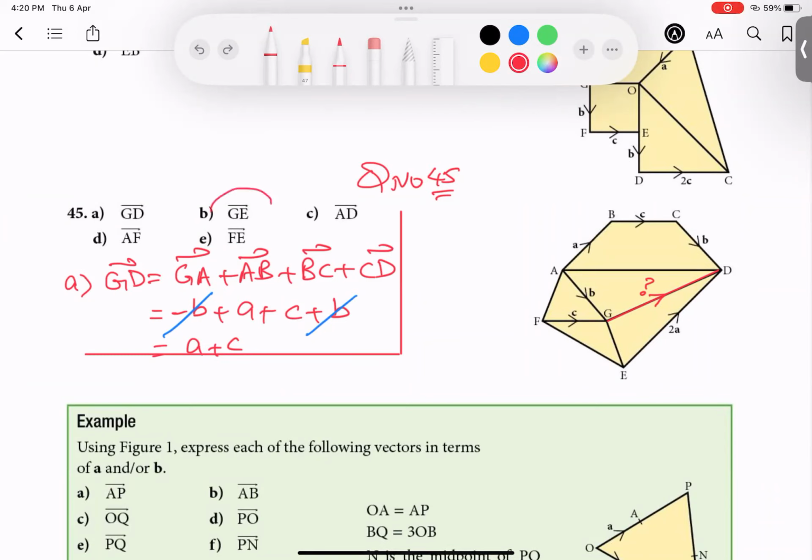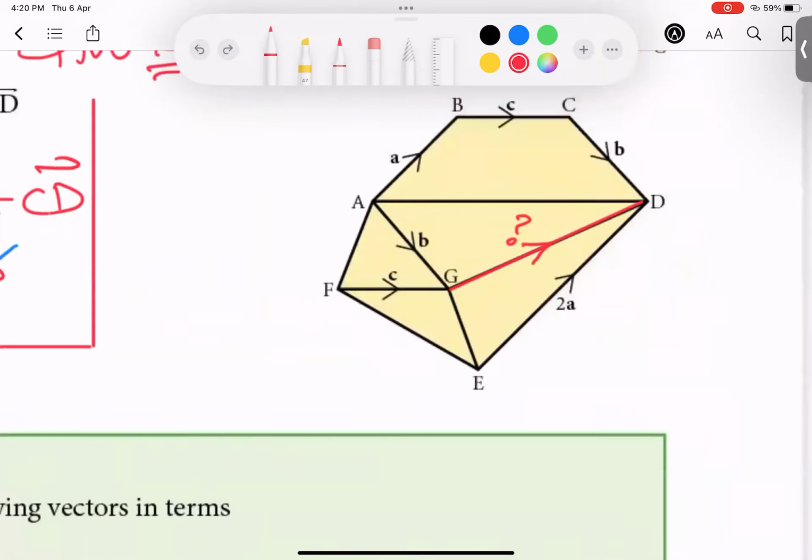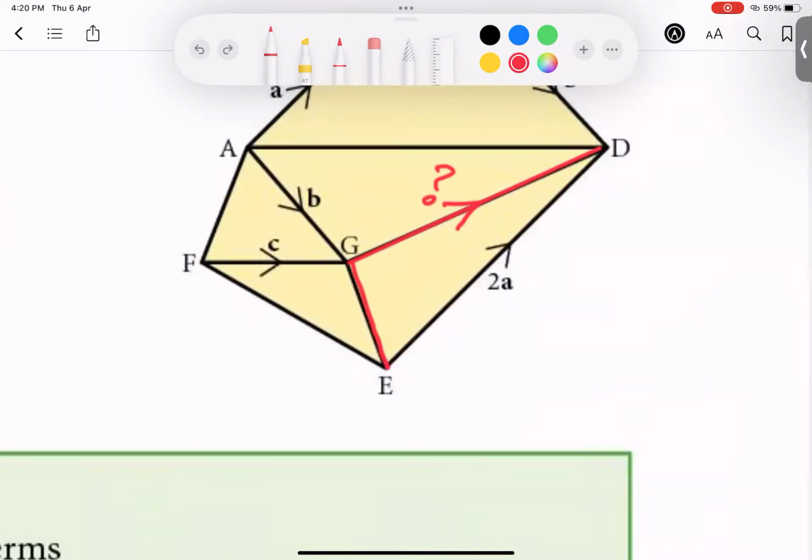Next part: G to E, starting at G and ending at E here. Very interesting. G to E is my question. Now I'm raising the first one. What is my target, students? G to E is my question mark. Now, there are many ways.